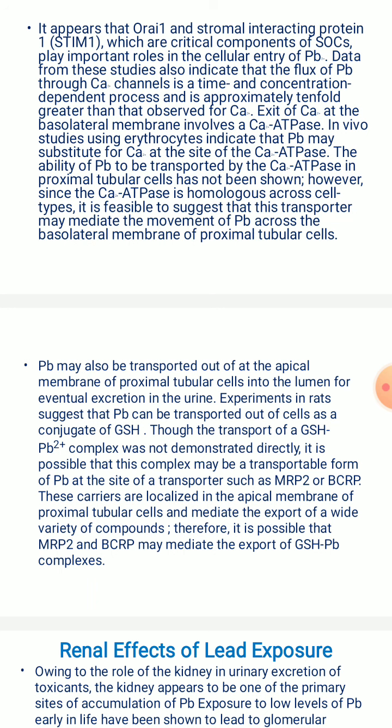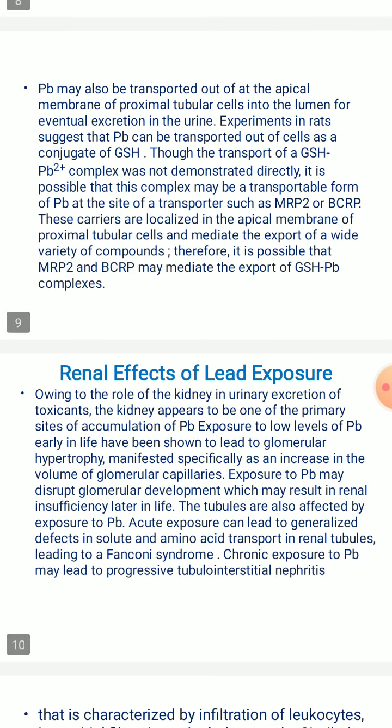By the formation of GSH-Pb complexes, it is very easy to mediate the export of these complexes through these transporters, that is MRP2 as well as BCRP. In this way, they did an experiment on rats and suggested this concept.